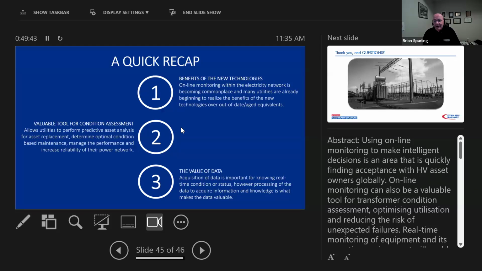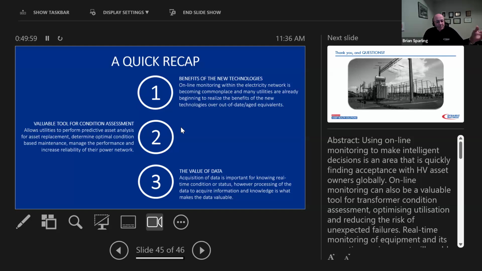So, a recap. Online monitoring is becoming commonplace, and many utilities are beginning to realize the benefits of these technologies over the out-of-date and aged equivalents. It's a valuable tool for condition assessment.